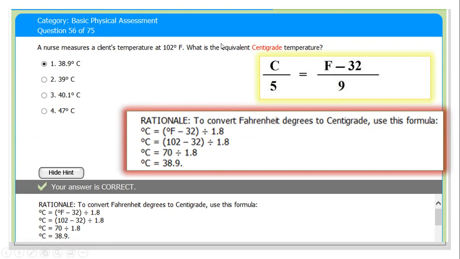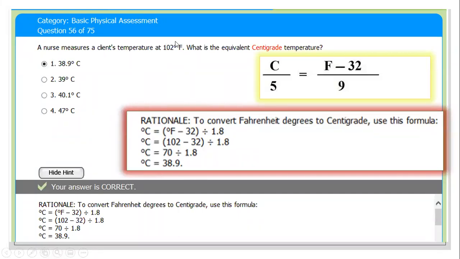So you see, the examiner gave you a Fahrenheit temperature. So we use this formula: Celsius temperature equals Fahrenheit temperature minus 32. Then you divide by 1.8. After this easy mathematical calculation, you get 38.9.